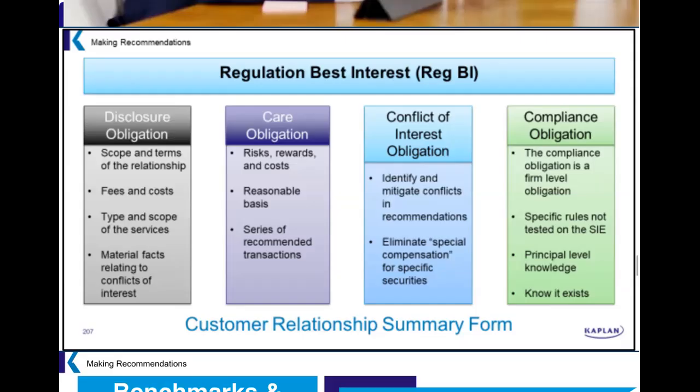The conflict obligation is that anytime we have any type of conflict, note that it's not wrong to have a conflict, it's wrong not to disclose it. Okay, so any conflicts of interest we have to disclose to our customer. We also have to eliminate any special compensation for specific securities.